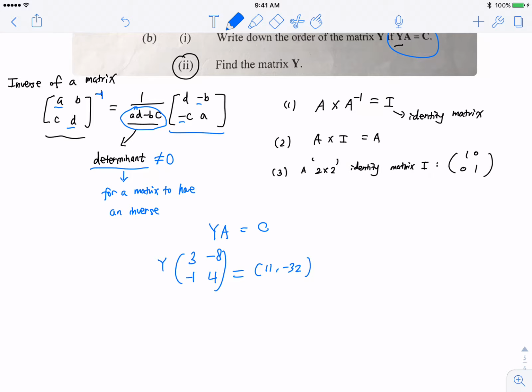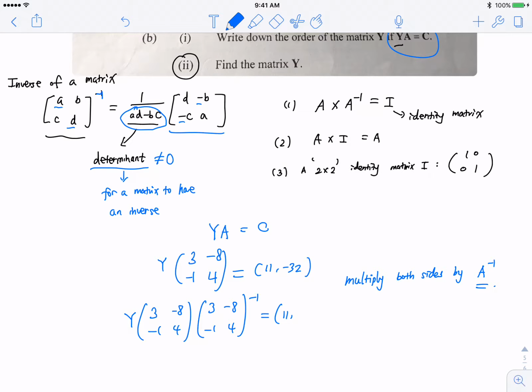So the first step of solving this matrix equation is to multiply both sides by the inverse of matrix A. Awesome.